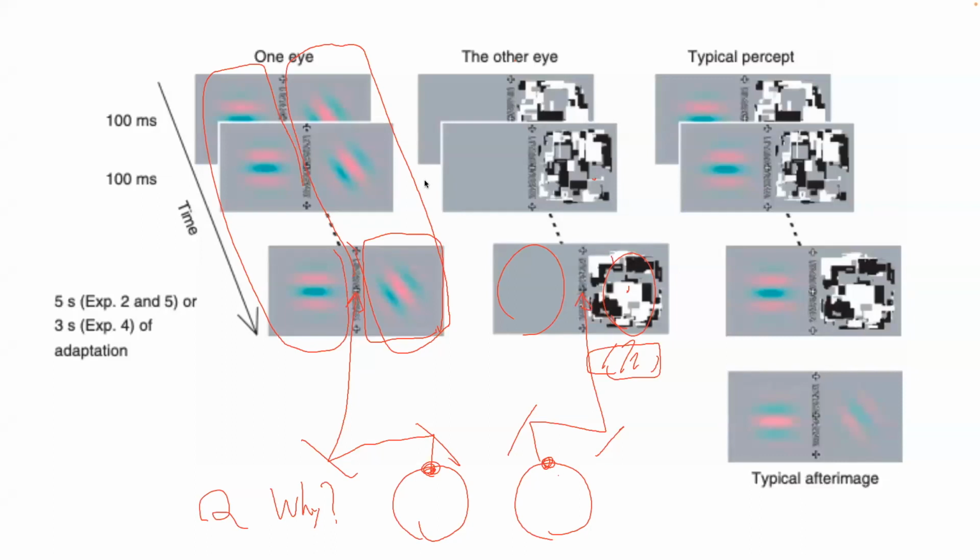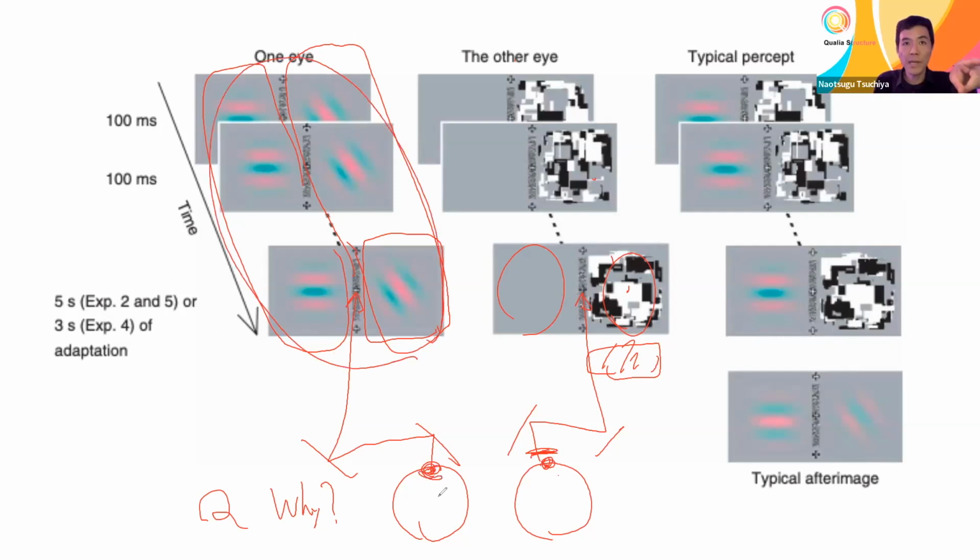Yeah. So imagine that you are in this experiment and you close your right eye, then what you see is exactly this. Which means that the left eye is fatigued with this stimulus to the same level on the left side and the right side of the left eye. Makes sense?